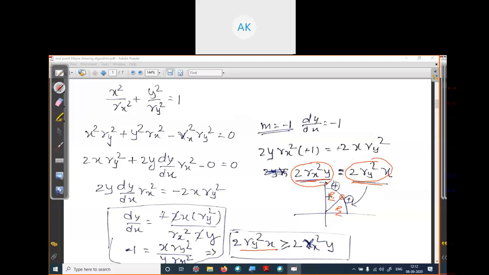You start calculating from region 1 and keep checking this condition. When the RHS of this equation becomes greater than the LHS, you have entered region 2. This is our condition to check which region we are in. When this value is greater, you are in region 1. When this value is greater, you are in region 2. So this is our condition. Is it clear how we find this condition?